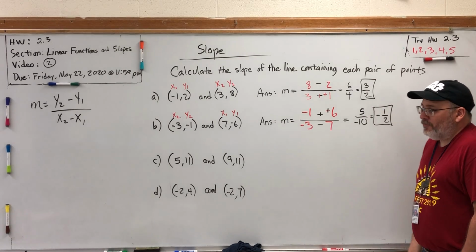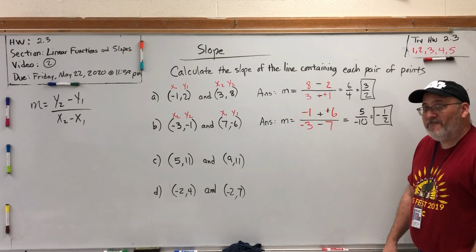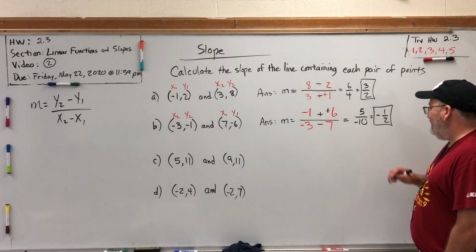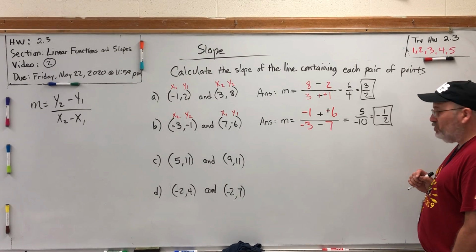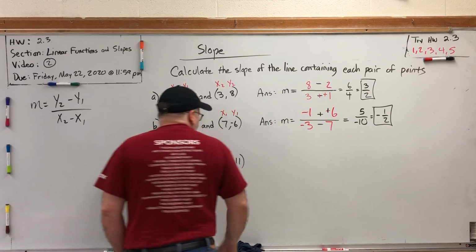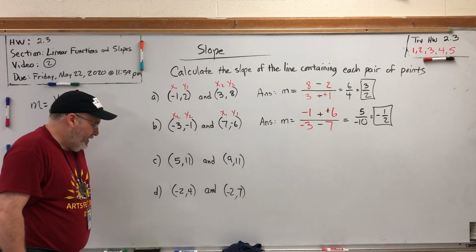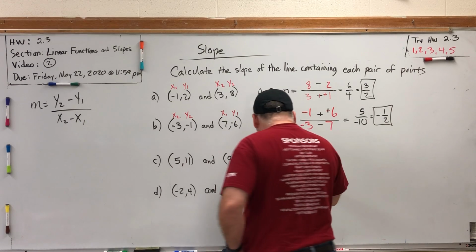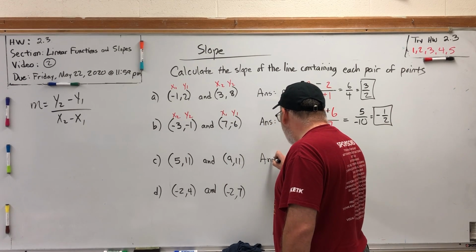Instead of getting 5 over -10, we would have gotten -5 over +10, and it still would have reduced to -1/2. So it really doesn't matter what you call first or second. All right, let's try the next one. Did you notice anything about the two ordered pairs in part C?